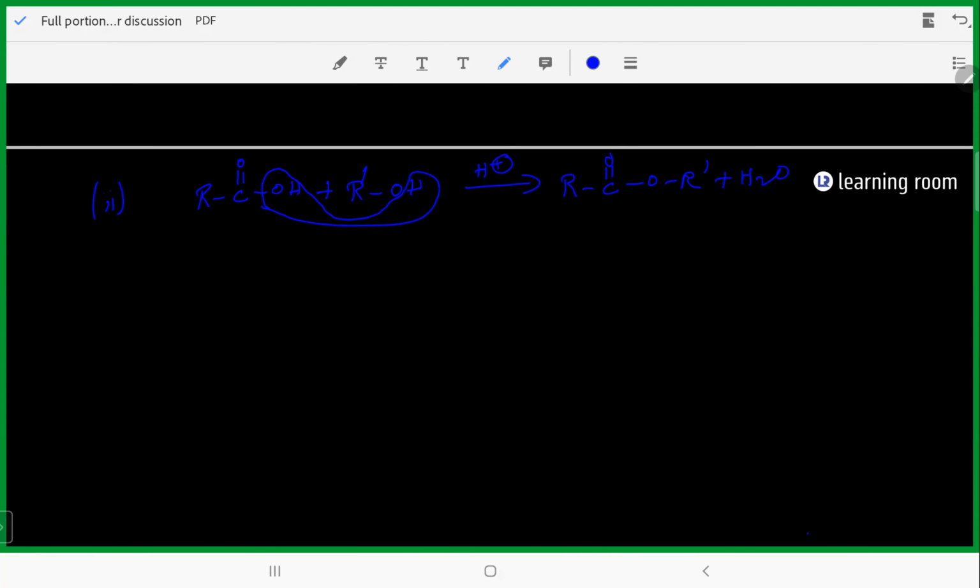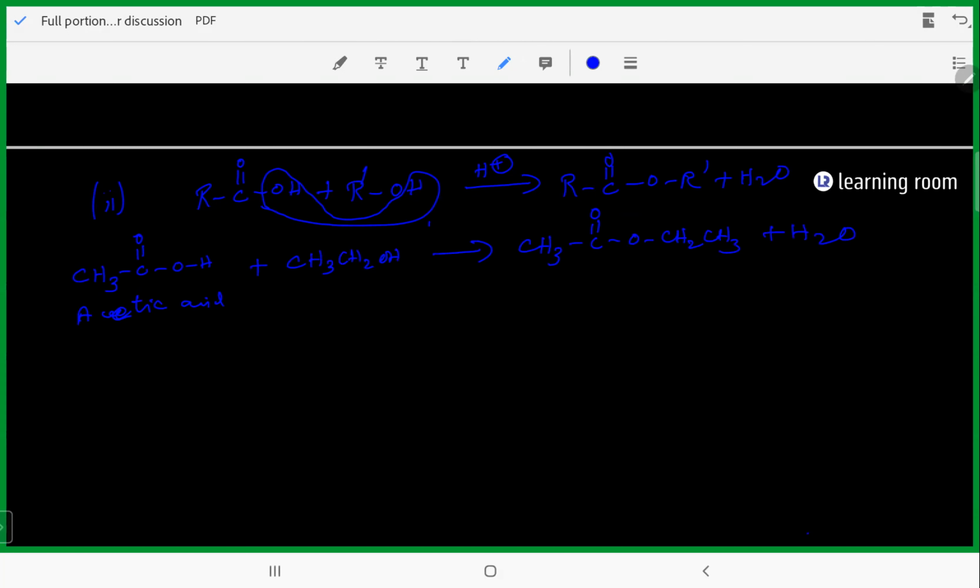Okay, so you can explain with the simplest one. CH3COOH, acetic acid, reacts with ethanol, it gives ethyl acetate, CH3COOCH2CH3 plus H2O.